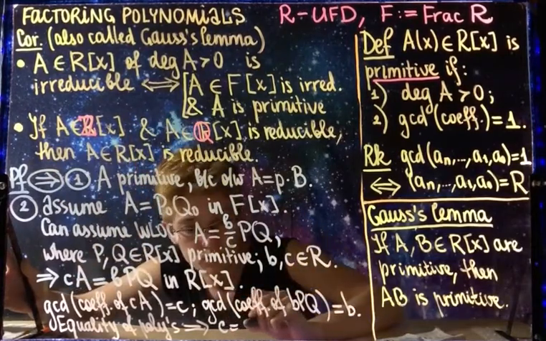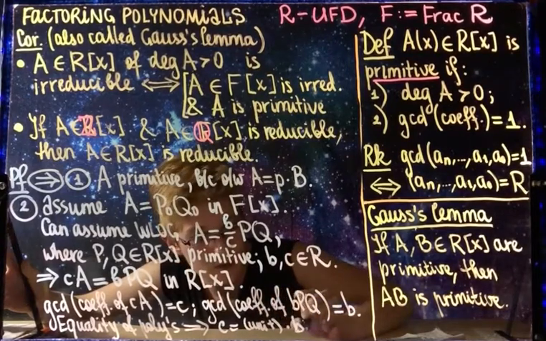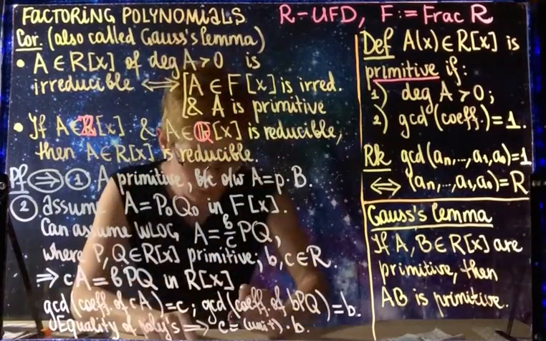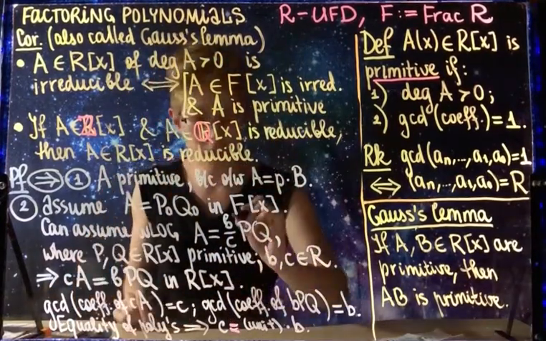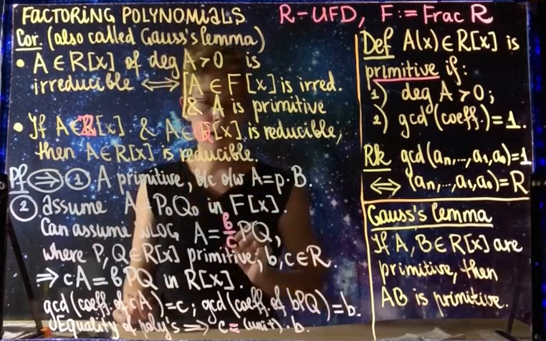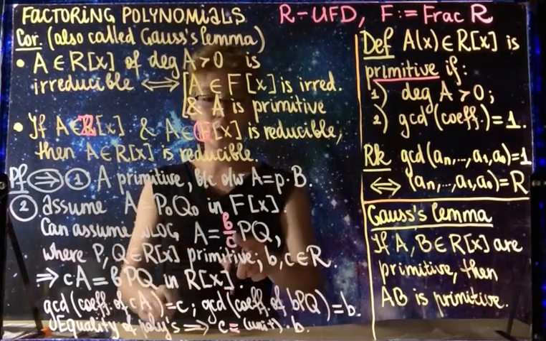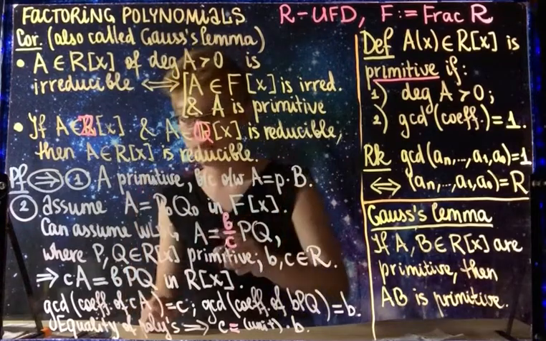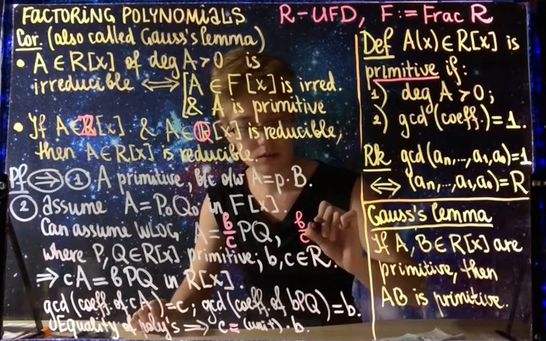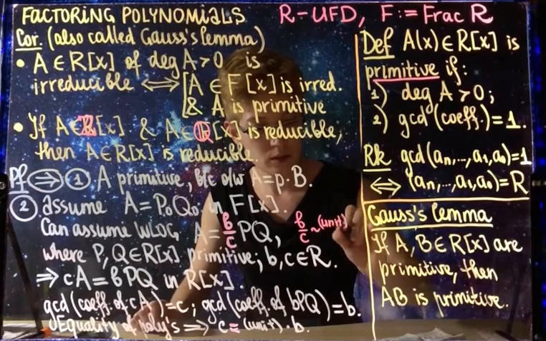C is equal to some invertible element, a unit, times B. But from this, we see that B over C is in fact equivalent to a unit element of R. So B over C is equivalent to unit over 1.